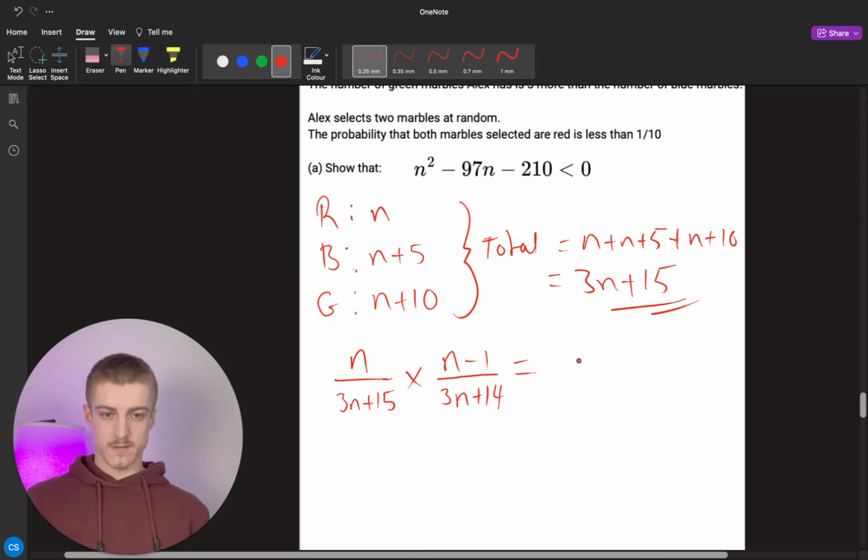And we're told that this is less than 1 over 10. What we do is multiply both sides of this inequality by the expression on the bottom of the fraction to get rid of that fraction.